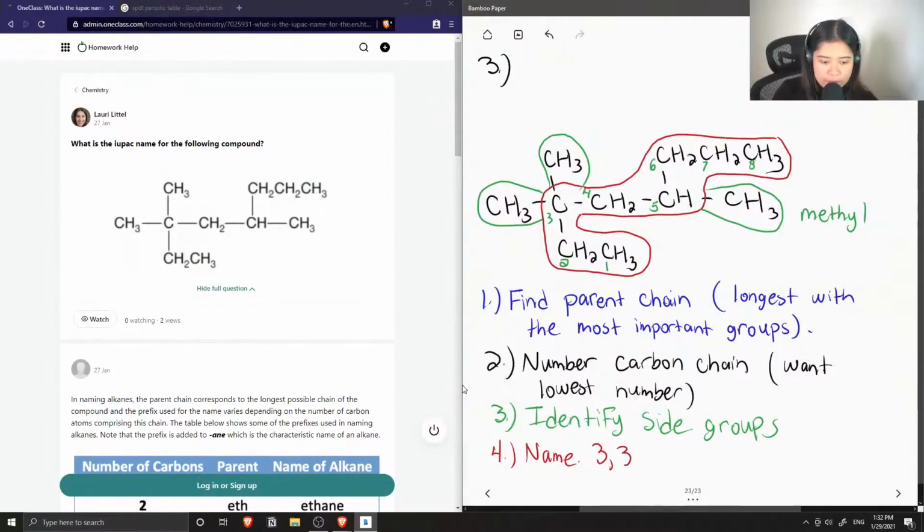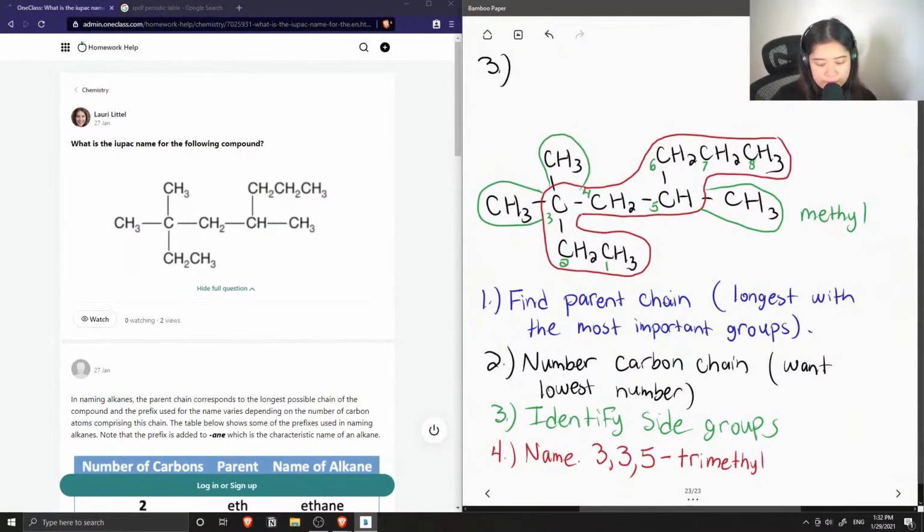So I have to write 3 twice to show I have 2 methyls there. And also on carbon 5, I have another methyl group. So I write 3, 3, 5. And then to show that these carbons contain my methyl groups, I put trimethyl, since we use the prefix tri to tell us that there are 3 of it. So 3,3,5-trimethyl.